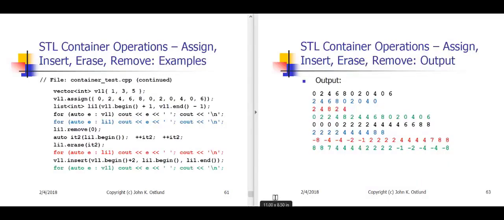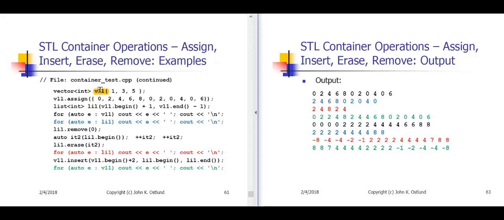On slides 61 and 62, we have example code making use of the assign, insert, remove, and erase facilities. And then on slide 63, we have the output produced by that code on slides 61 and 62. So let's walk through this example.